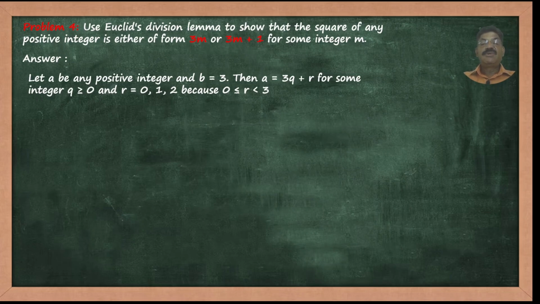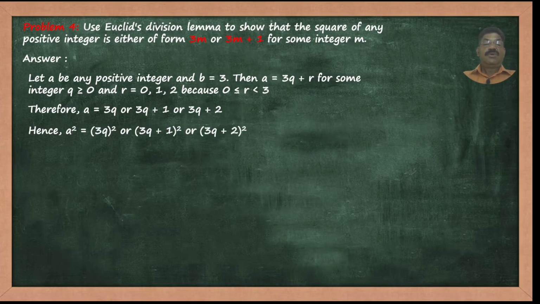So we can find q and r such that a is equal to 3q plus r for some integer q greater than or equal to 0 and r is equal to 0 or 1 or 2 because r lies between 0 and 3 but r can assume the value 0 also. Therefore, a is equal to either 3q or 3q plus 1 or 3q plus 2.